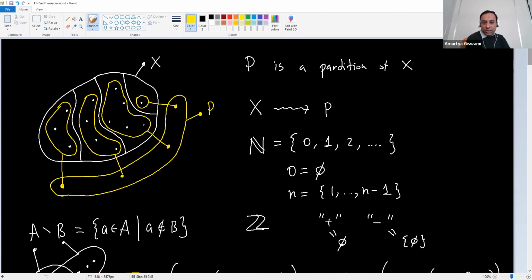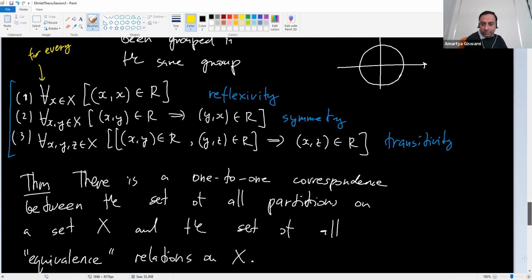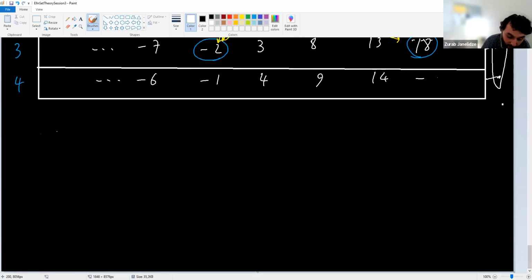So what we did today, Zurab, maybe we summarize the whole thing. That's a good idea. So we looked at the concept of a partition. We looked at applications of partitions.